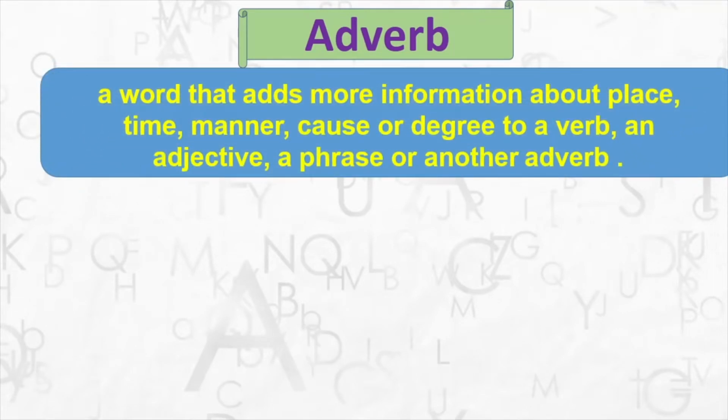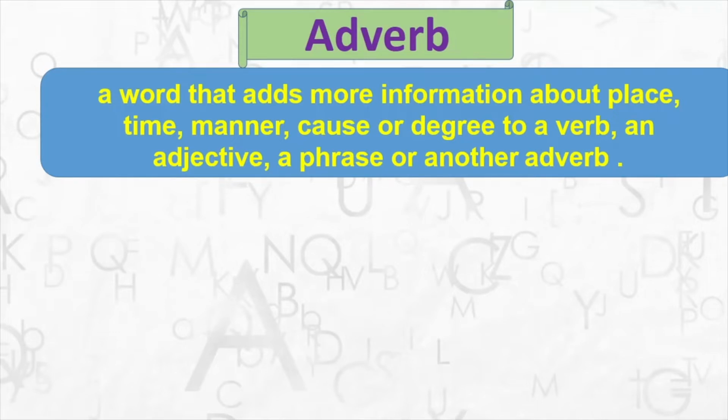So what is an adverb? An adverb is a word that adds more information about place, time, manner, cause, or degree to a verb, an adjective, a phrase, or another adverb. So in other ways, when we say what is an adjective, what do you say?